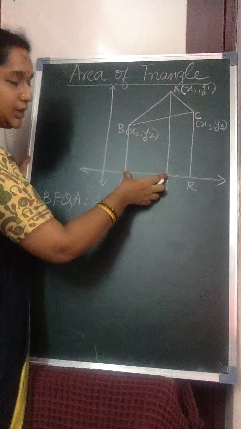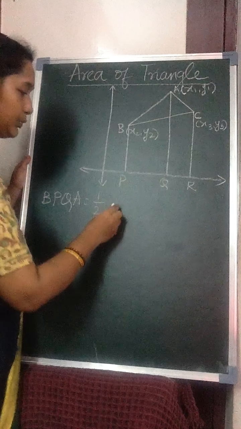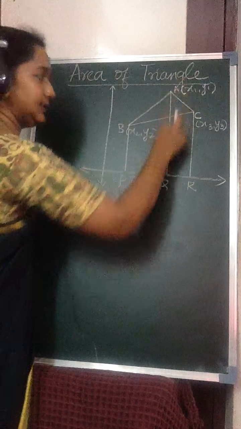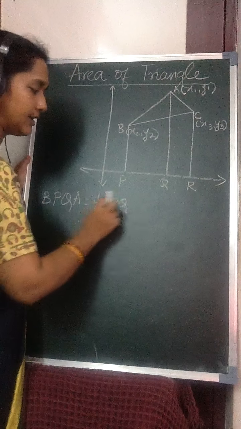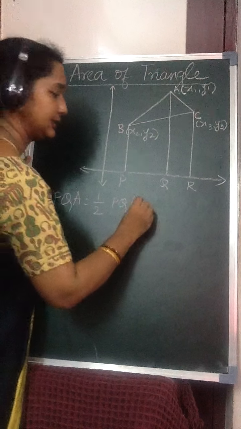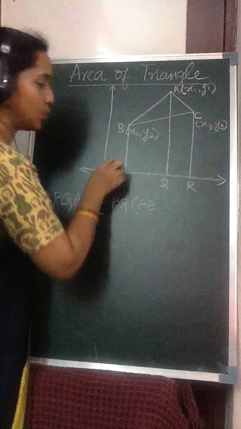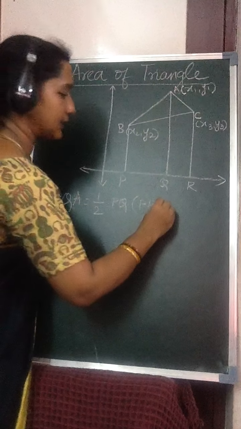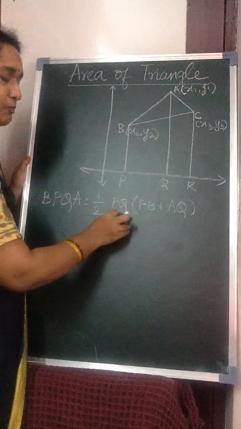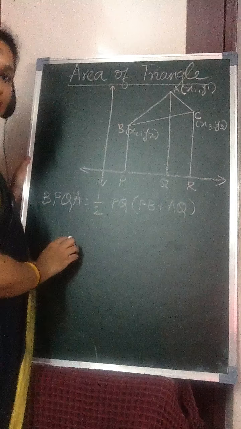PQ is the height of this trapezium. Half h into a plus b. A is this length, one of the parallel sides, PB, and the other parallel side is AQ. So half PQ into PB plus AQ.